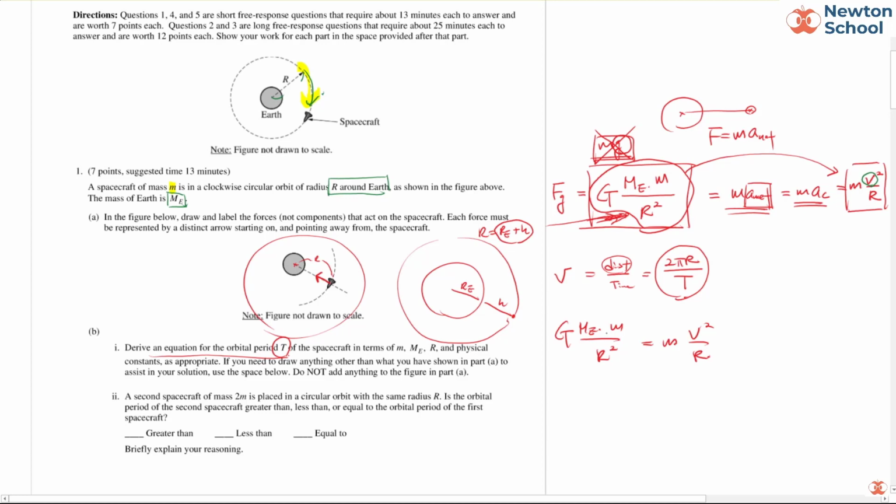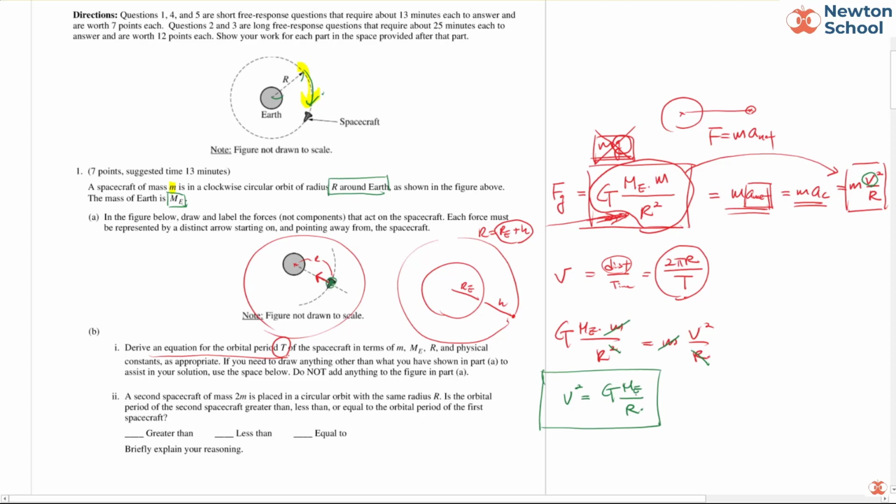Here the mass of the satellite does not change, and for r, you can cancel one of them. So first I get v squared as G mass of Earth over r. A lot of times you'll need this expression because the significance of this equation is that the orbital speed does not depend on the mass of the satellite.